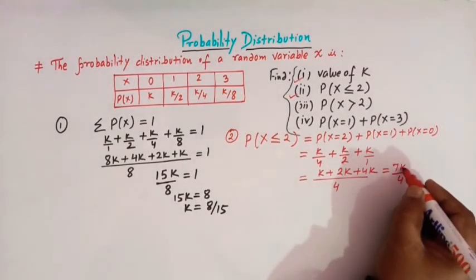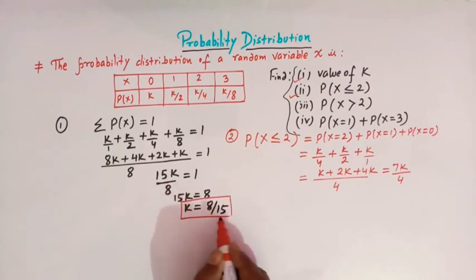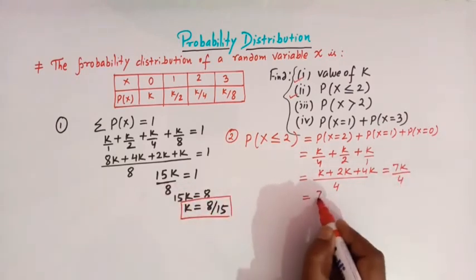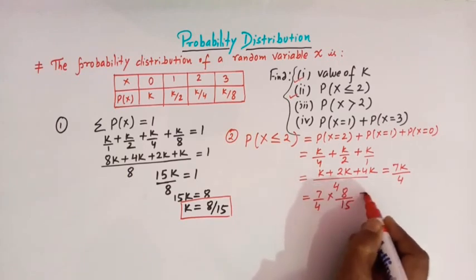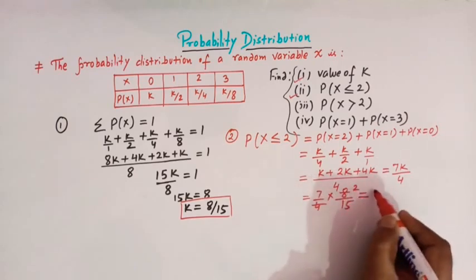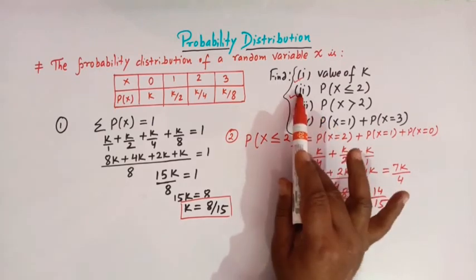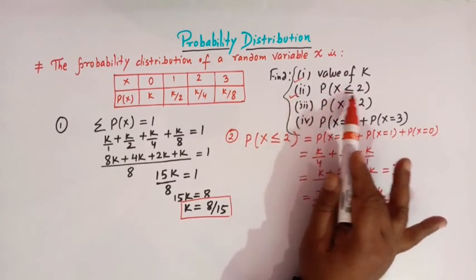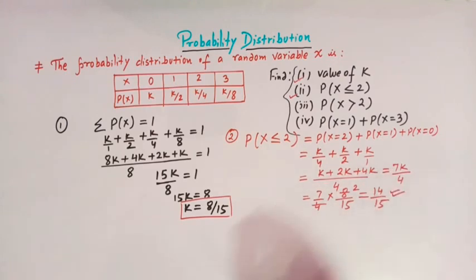So now here we can utilize this value of k, which is 8 over 15. So we have 7 over 4 times 8 over 15, right? And 4 into 8 cancels, so we have 7 times 2, 14 over 15, right? So the value of p of x less than or equal to 2 is 14 over 15, right?